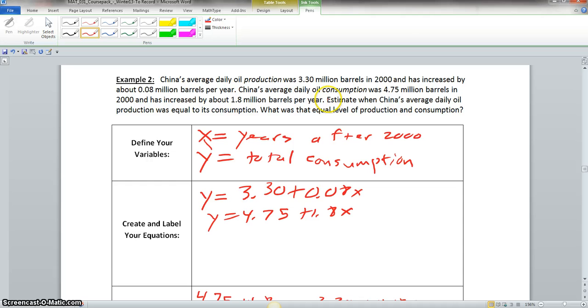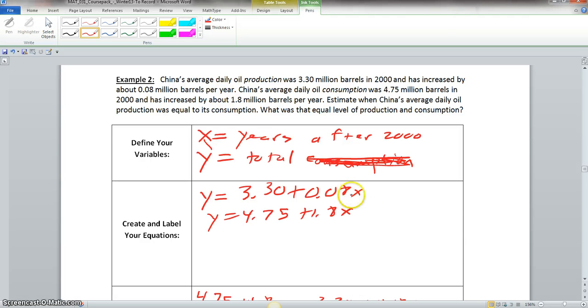Okay, now what ended up happening here, x is the years after 2000, and y is not total consumption, it should just be total. Okay, now we will have y is equal to 3.30 plus 0.08x, because remember, in 2000, we had 3.30 million barrels, and they increased by 0.08 million barrels per year.